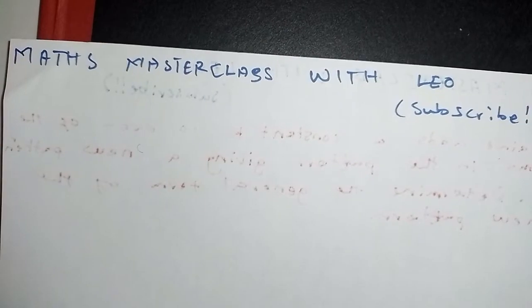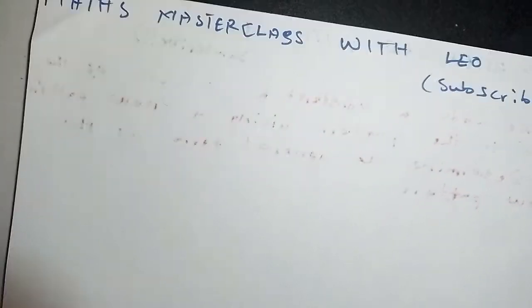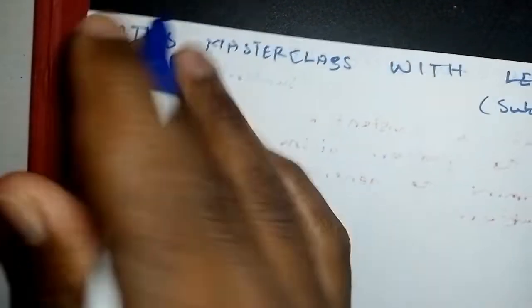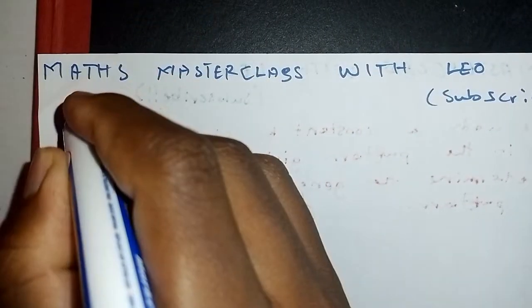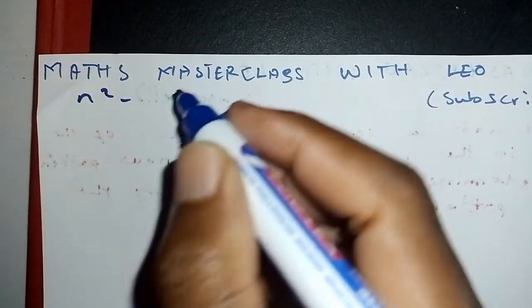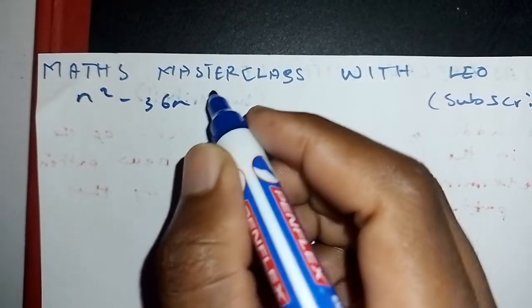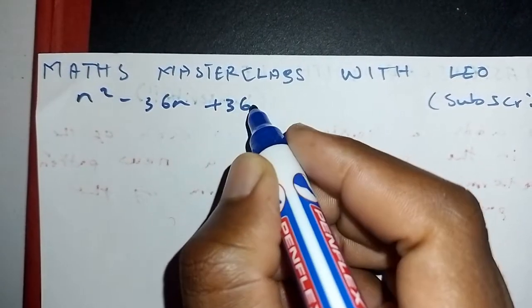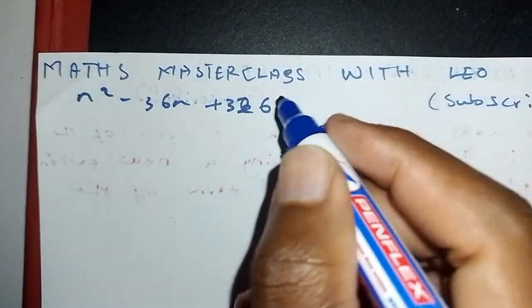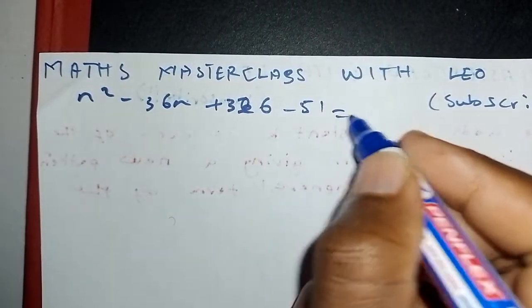We were here. n squared minus 36n plus 326. I'm just repeating what was on the previous paper.